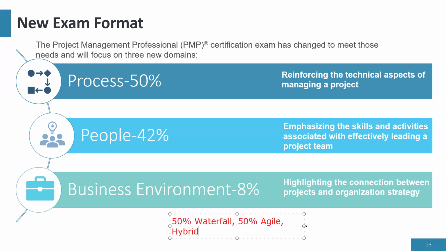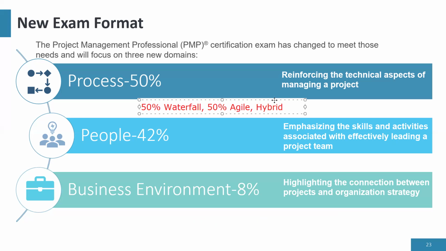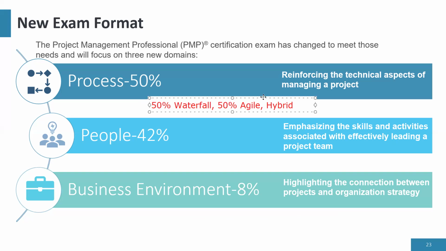Before 2021, if you were taking a PMP exam, what I was going to teach, the 49 processes, would have been enough to pass. But now, there's no longer a one size fits all project management approach. So it's now a key requirement for us to really understand agile and hybrid to an extent.